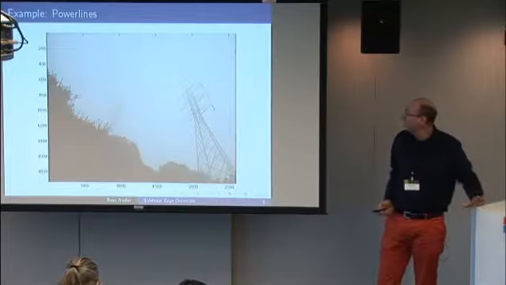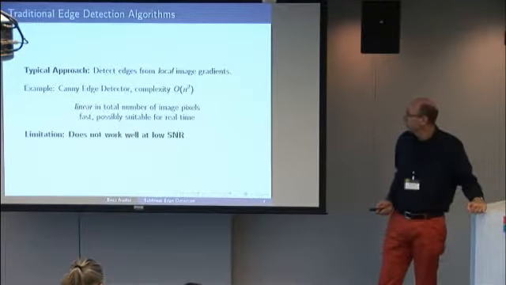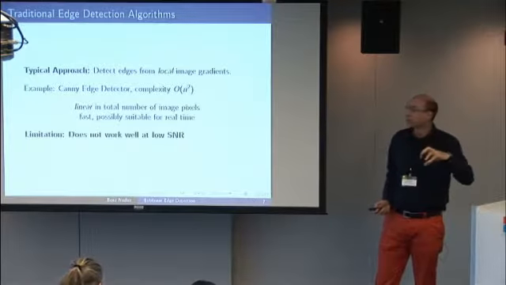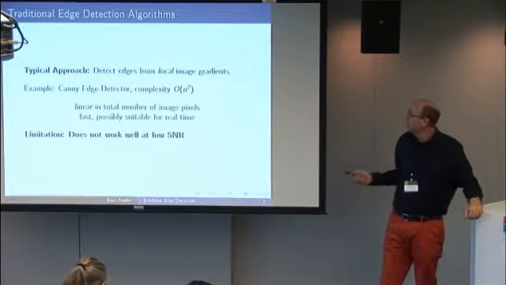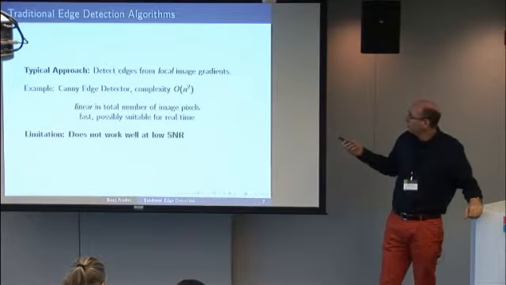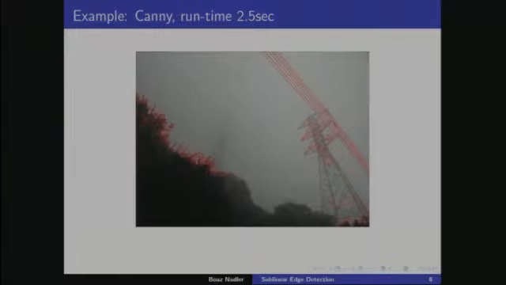So it's a very fast algorithm, complexity linear in the number of pixels, but it's local in nature. So it does not really work well at low signal to noise ratios. And if you apply it to the image I showed you before, it easily finds all of these power lines, but of course it finds the bushes. It does not find anything in the second transmission line.